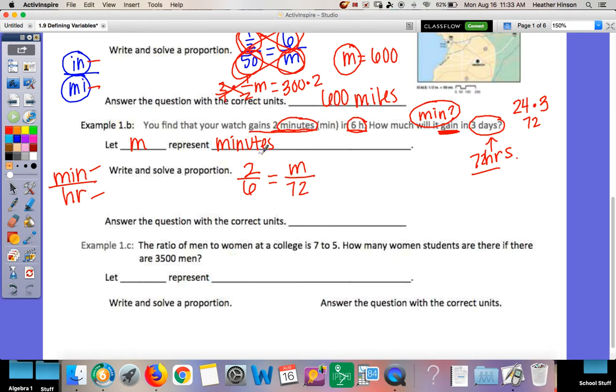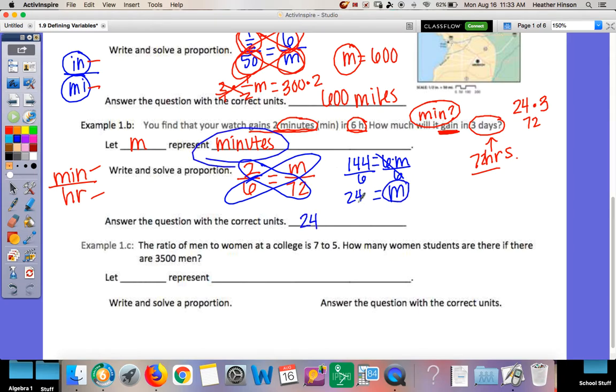And then we just cross multiply. 2 times 72 gives us, right over here, 144. 6 times m is 6m. And then this is 6 times m, so we divide to get rid of it. 144 divided by 6 is 24. And again, this is m, so this is 24 minutes.